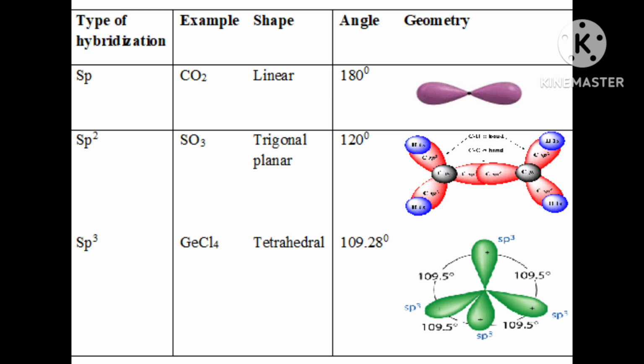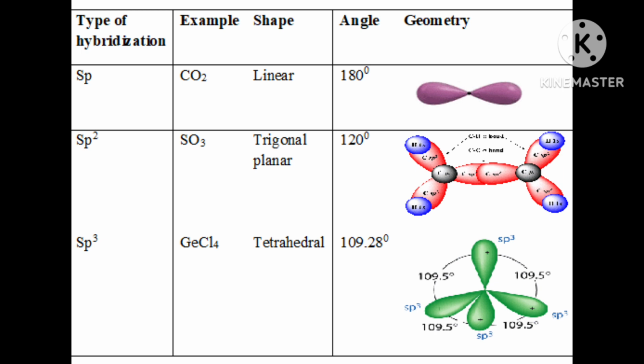Then the first given molecule is CH2CO. Here a CO double bond is there. Then it means sp2 hybridization is there, sp2 hybridized carbon.